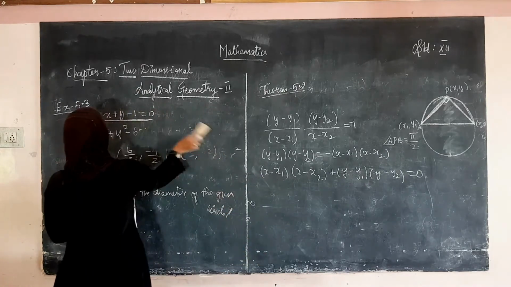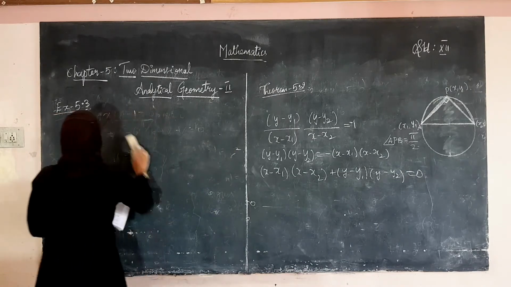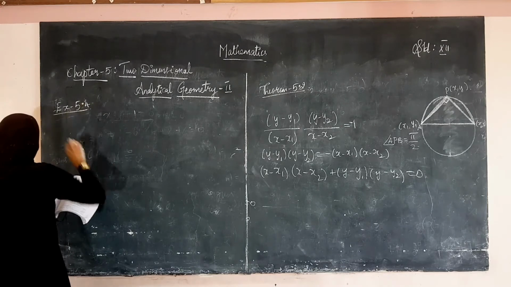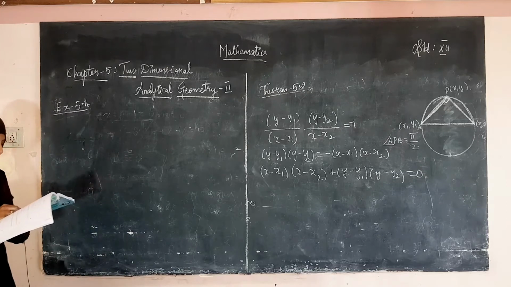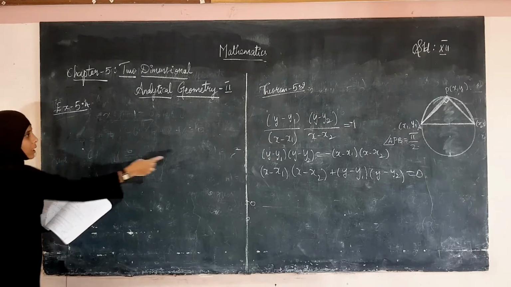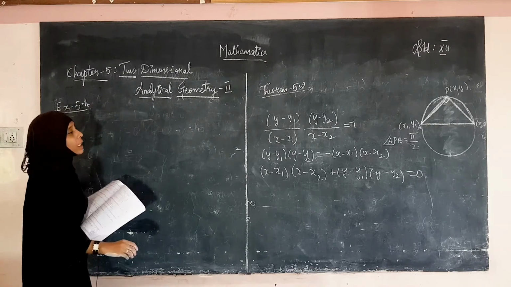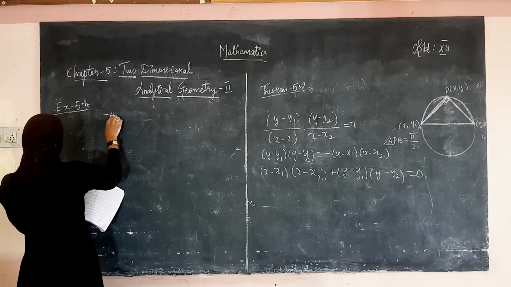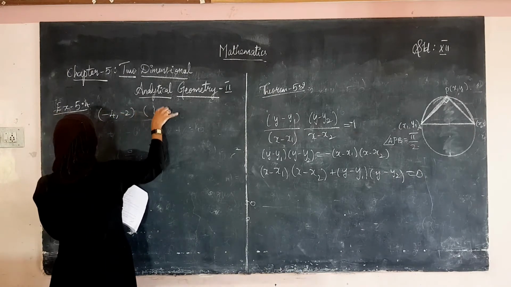Now let us see example 5.4. See the question. Find the general equation of the circle whose diameter is the line segment joining the points. We have to find the equation of the circle whose diameter endpoints are (-4, -2) and (1, 1).